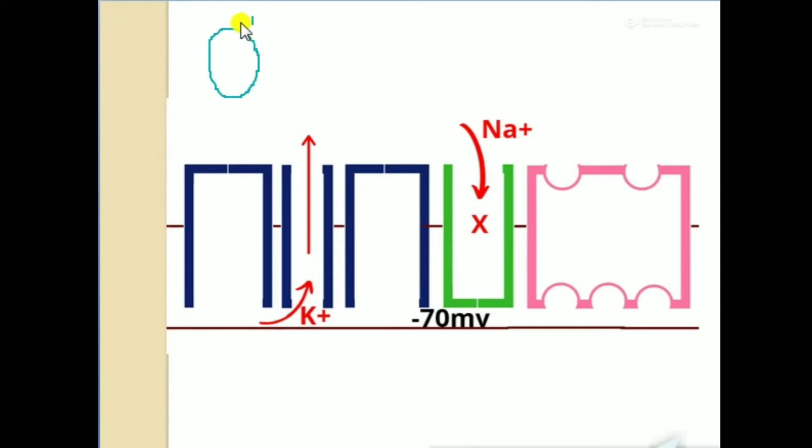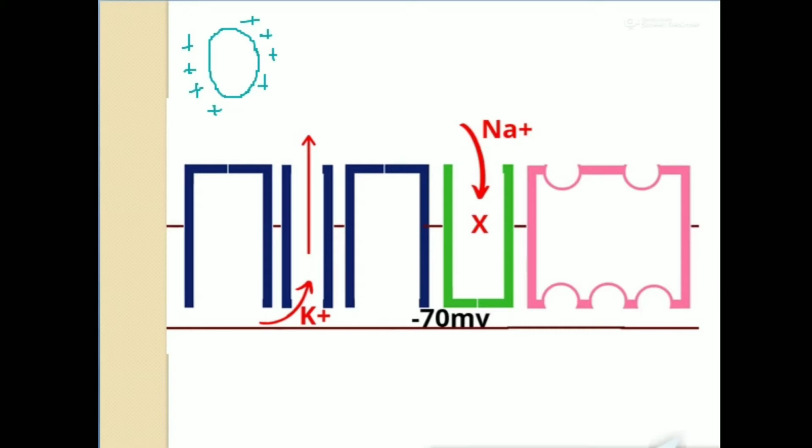That means the sodium ion concentration is higher in the outer medium, whereas the concentration of sodium ion is lower on the inner side. The ionic information comes from that first animal which evolved many years ago.